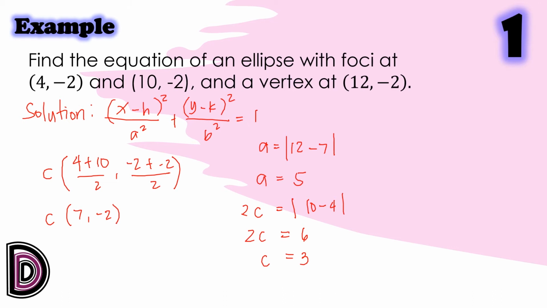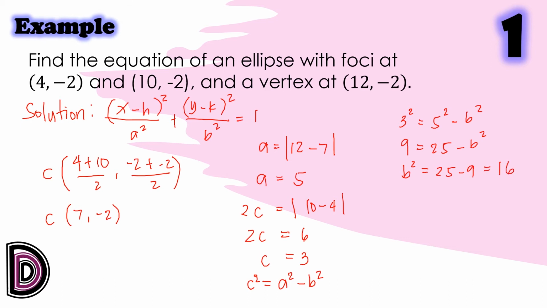To get the value of b, we will use the relationship c² is equal to a² minus b². In this equation, we will substitute a equals 5 and c equals 3. So we have 3² is equal to 5² minus b². 9 is equal to 25 minus b², and b² is equal to 25 minus 9. That is equal to 16.